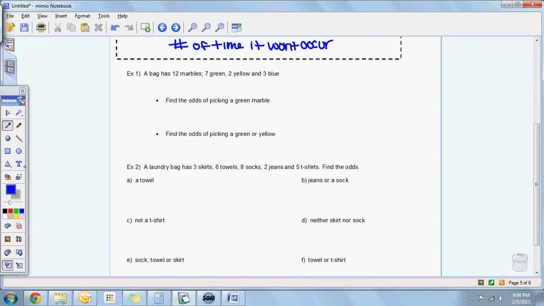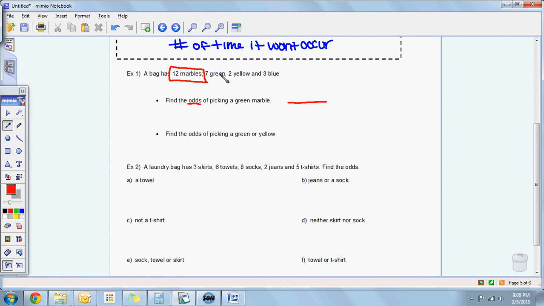So let's look at example 1. Example 1 says you have a bag and it has 12 total marbles. So there's our total. We have 7 green, 2 yellow, and 3 blue. So we're not finding probability anymore, we're finding odds. On the top we're going to figure out the odds of picking a green marble.